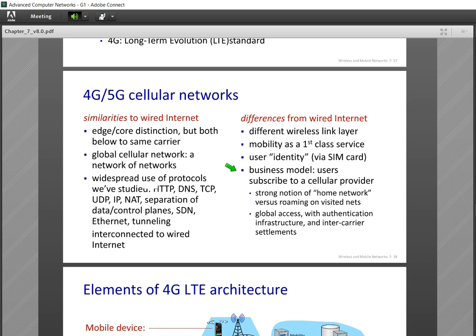I cannot move even to the other side of the street. I can use my ADSL inside my home. But in a cellular network, I can move across the country.